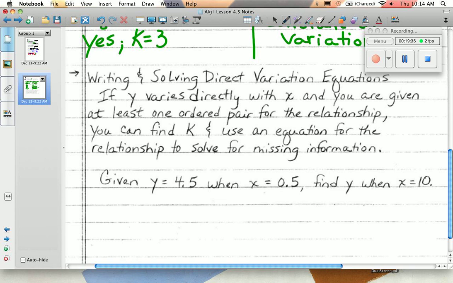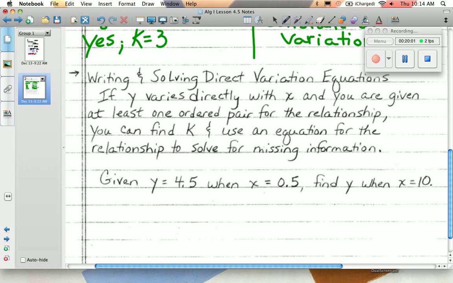In other words, you know already it's a direct variation. They give you an ordered pair. What can you do with that ordered pair to help you find the constant of variation? What did we just do? We put y over x. And then after we know what k is, can we write an equation? Sure we can, just like the shoe situation. When k was equal to 2, were we able to write an equation?